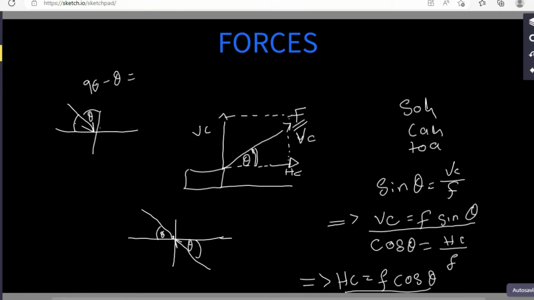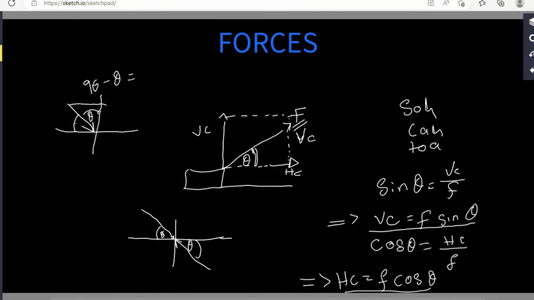This is the angle that you have to use always for the horizontal component to be cos theta and the vertical component to be sine theta. Once you use another angle, you then have to draw the triangle again and find the formulas using the trig ratios. This is not wrong, but I advise that you always use this. It's nice to have a standard equation, knowing that all your vertical components are associated with sine theta and all the horizontal components use cos theta.